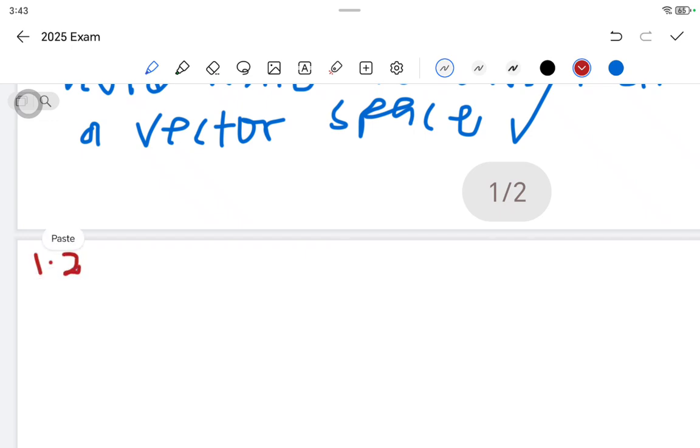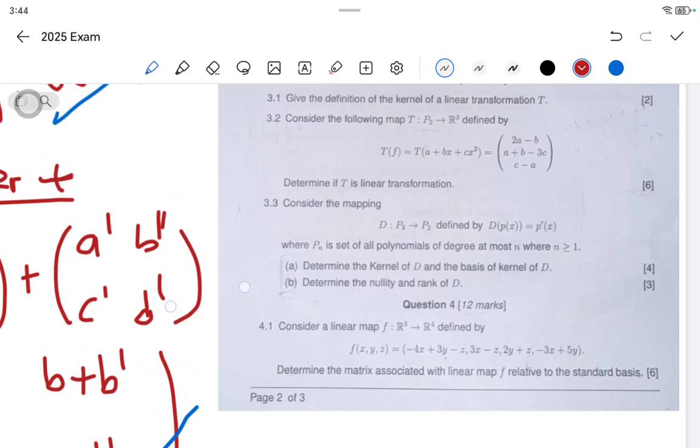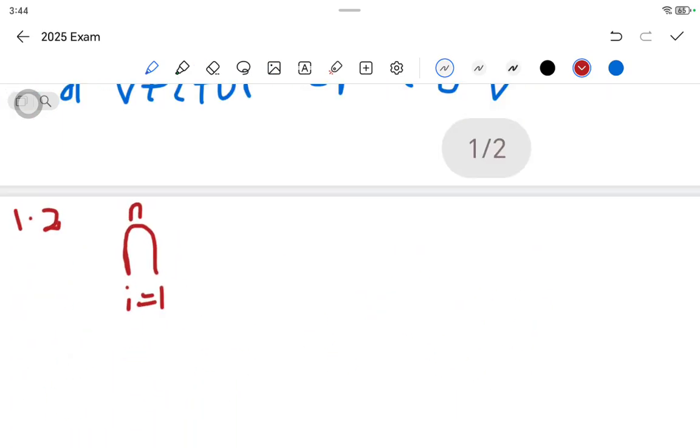The question says that we should let W1 up until Wn be subspaces of V, and then we must prove the intersection. Since this starts from W1 up until Wn, this will just be Wi. So this is the intersection.